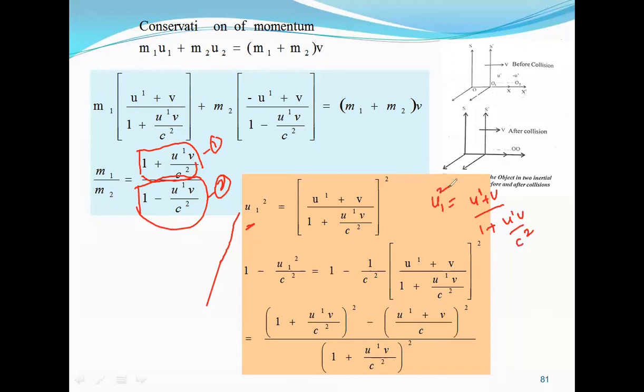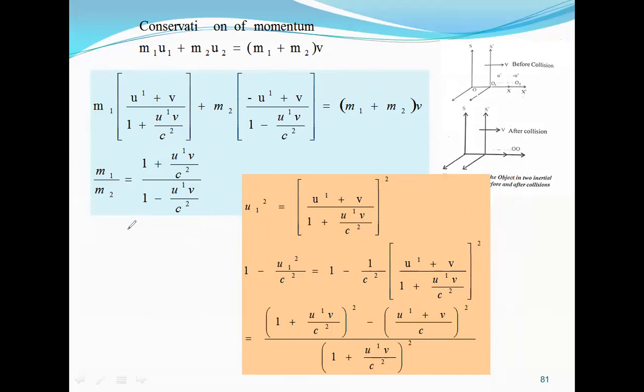Now I am squaring both sides. That's it, I got this equation. Now I am dividing by c square and subtracting it from 1. What I am doing is very simple, beta. I know that it's not so simple.